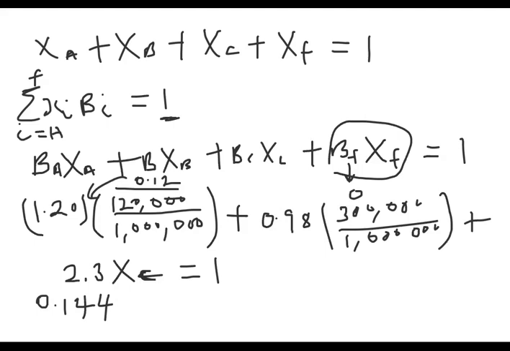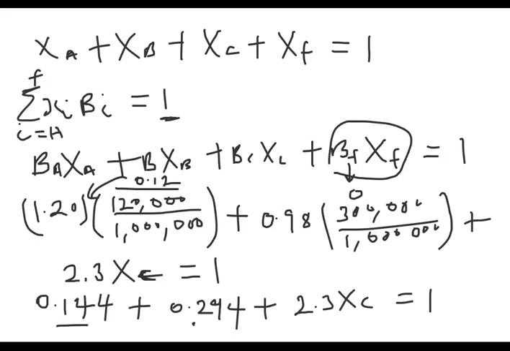Plus the next one becomes 300 divided by 1 million, which is 0.3, times 0.98, and that also gives you 0.294, plus 2.3 XC equals 1. That means 0.144 plus 0.294 is 0.438. When I sum up these two, it gives me 0.438.